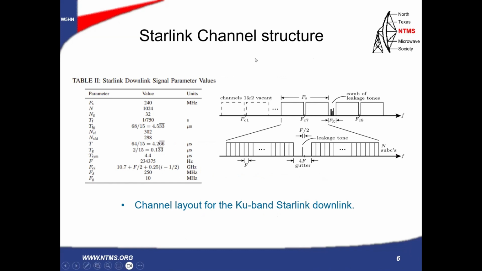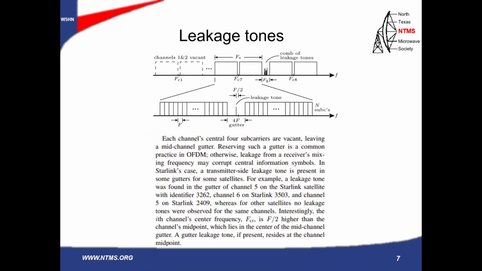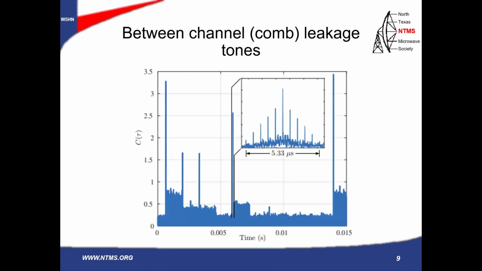Here we can look at this again. There are these values as far as the width of the channel, the 4F gutter, which is not that interesting to me, but this comb of leakage tones, which I was able to observe. Again, we have this description.